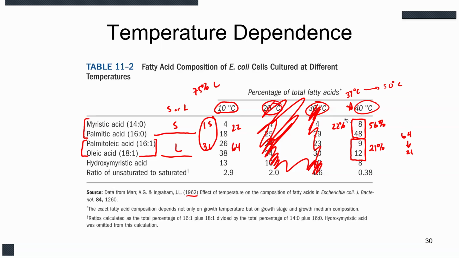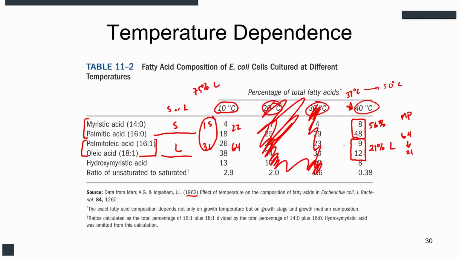Now, when we go to a higher temperature, we've got 56% solid and 21% liquid. Okay, wait. But we've changed. We are closer to our melting point. So, yeah, it's a solid at room temperature, but are we at room temperature? No. So, although this is more solid-ish, well, we're closer to our melting point.